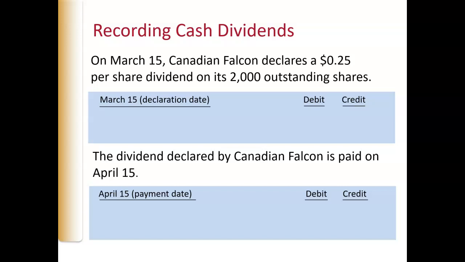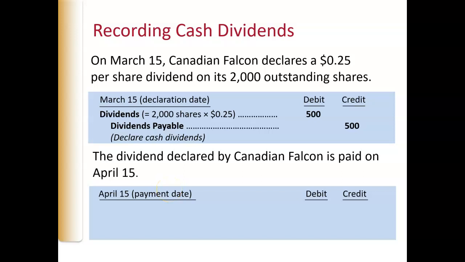So, on March 15th, Canadian Falcon declares a 25-cent per share dividend on its 2,000 outstanding shares. At that declaration date, they debit dividends and credit dividends payable.